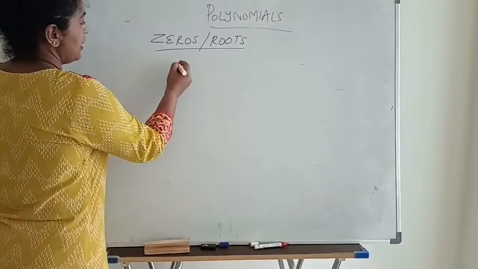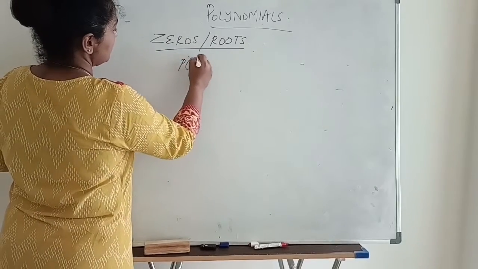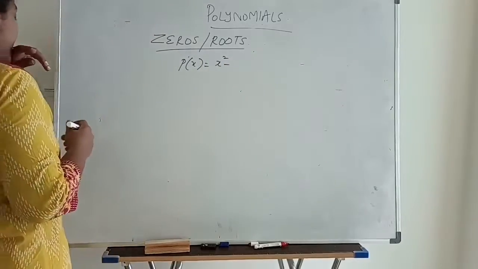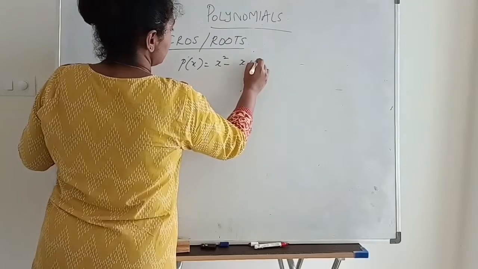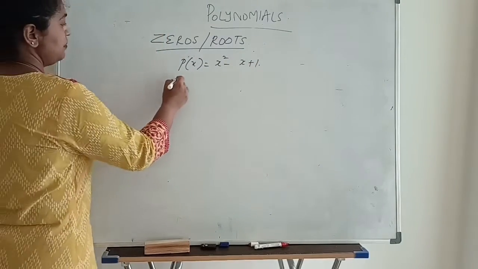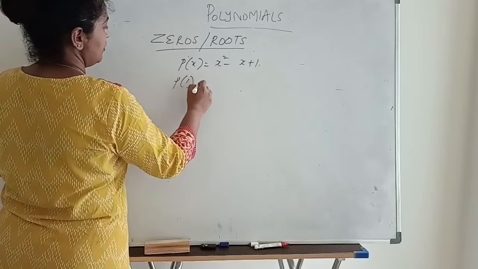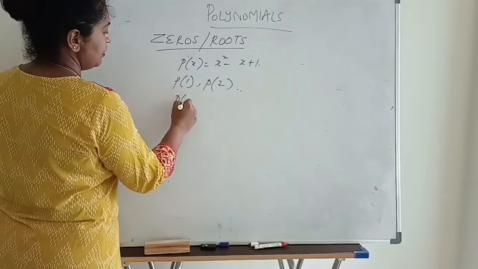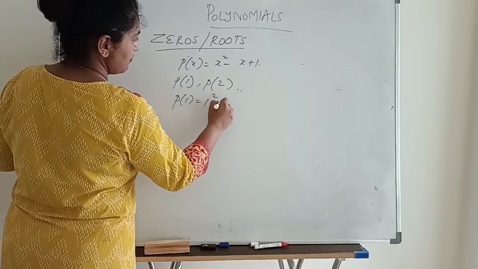Okay. I have a polynomial p of x is equal to x square minus x plus 1. And they are asking you to find p of 1 and p of 2. How will you find it? P of 1 will be equal to, wherever x is there, I will substitute 1.